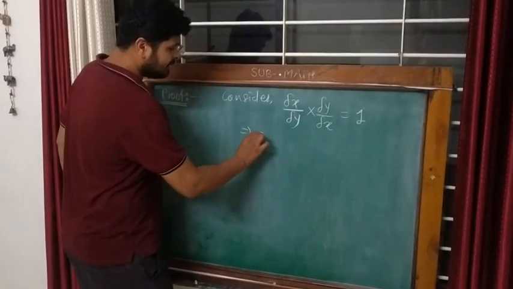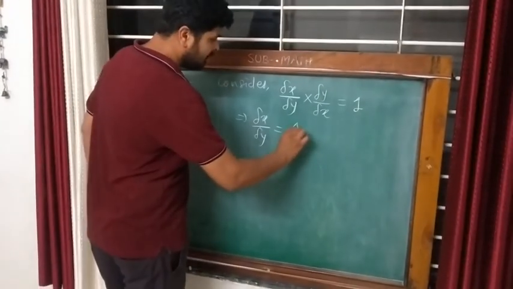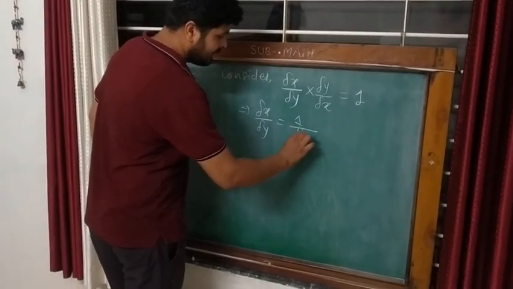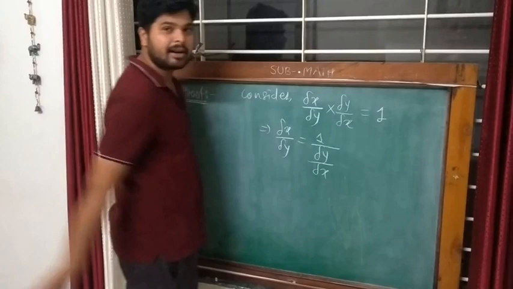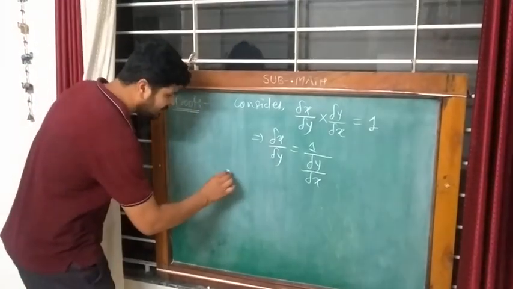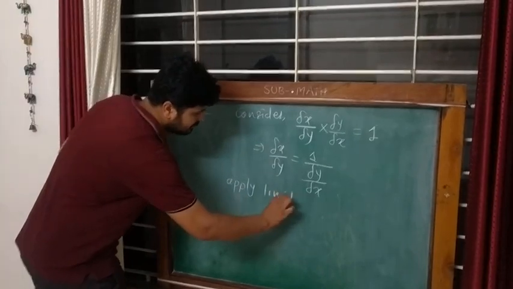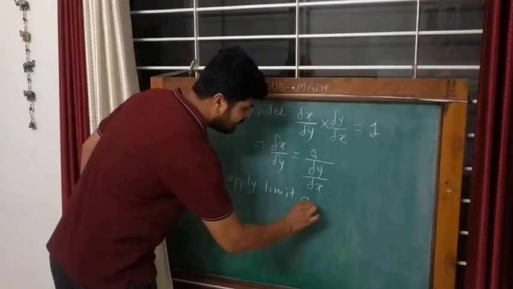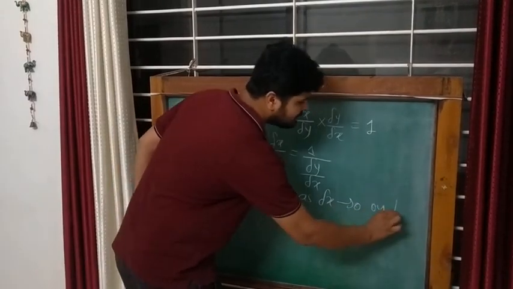So from this we get delta x by delta y is equal to 1 upon delta y by delta x. I just shift this part to the right-hand side. So in the next step I apply the limit as delta x tends to 0 on both sides.